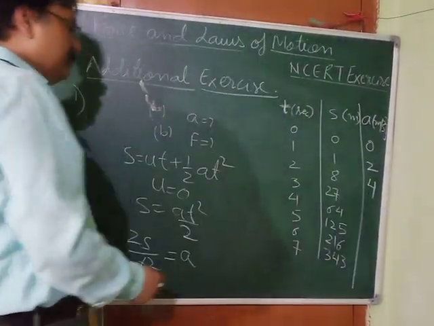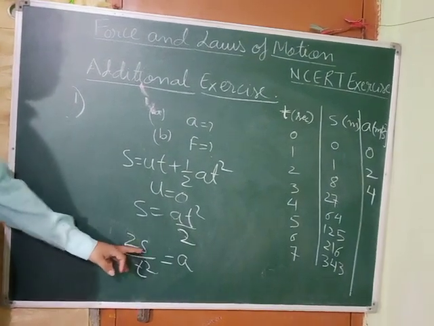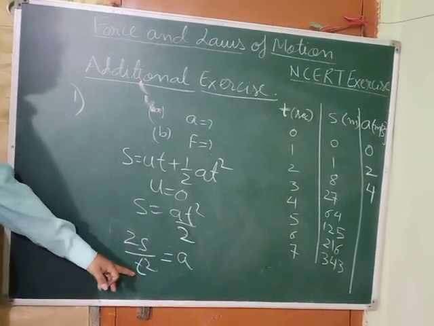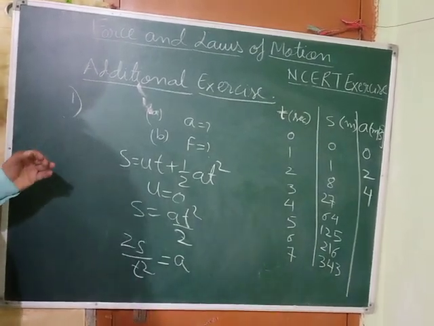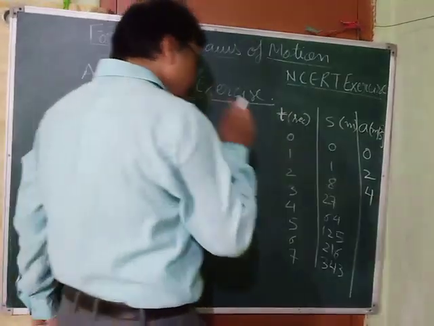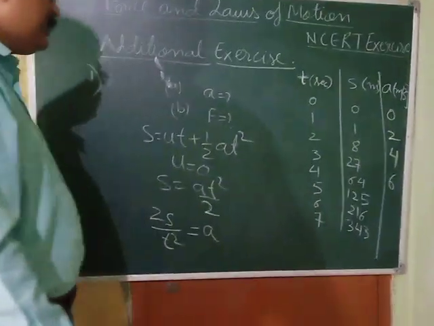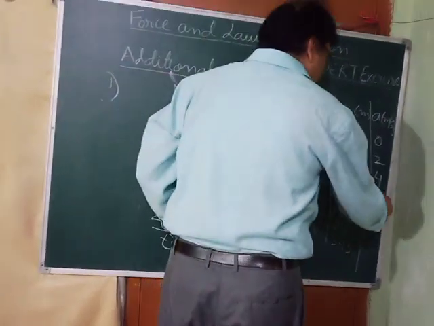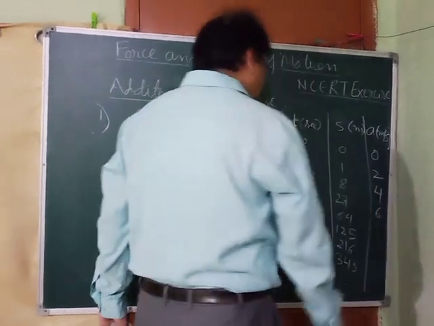Now for the fourth one, s is 27. 2 into 27 is 54, and 3 square is 9, so you have to divide 54 by 9. That is 6.